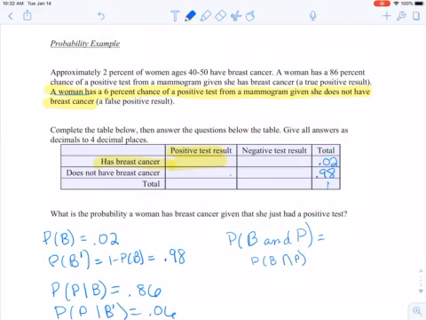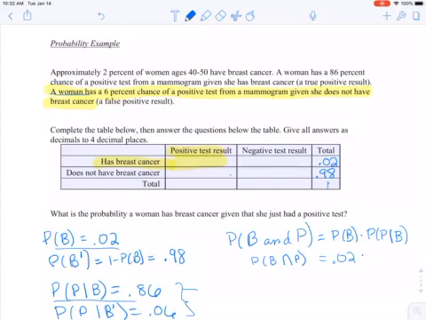Okay? So if you remember from the multiplication rule, this is the probability that she has breast cancer times, remember, if they're independent, we just multiply times the probability that she had a positive test result. Since we have these conditionals over here, they're not independent, so it's the probability of a positive test result given she has breast cancer.